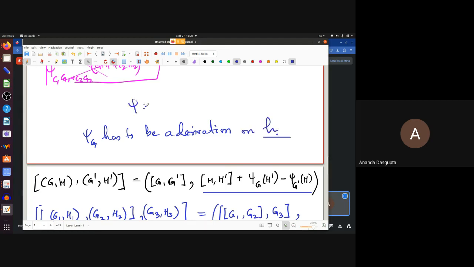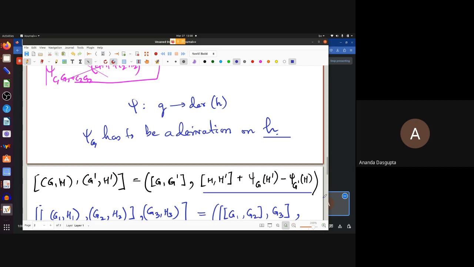But psi has to be a map, a homomorphism from G to Der H. And then this works. This is a perfectly good genuine bracket. So we have been able to combine the two Lie algebras in such a way that the underlying vector space is the direct sum vector space. The underlying set, of course, is the Cartesian product.